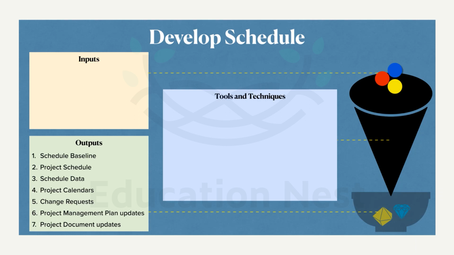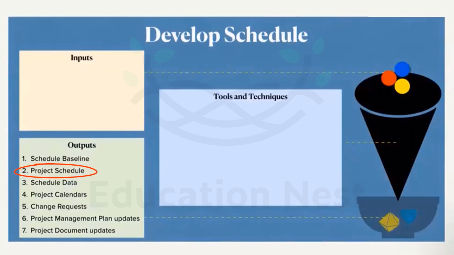We need to make the project schedule ready at the end of this process. So we have seen an illustration of how this project schedule looks, right? In the very first slide, I think I remember telling you, it could be in the form of a bar chart, it could be the Gantt chart. Do you recollect, or shall I use my exceptional drawing skills again?